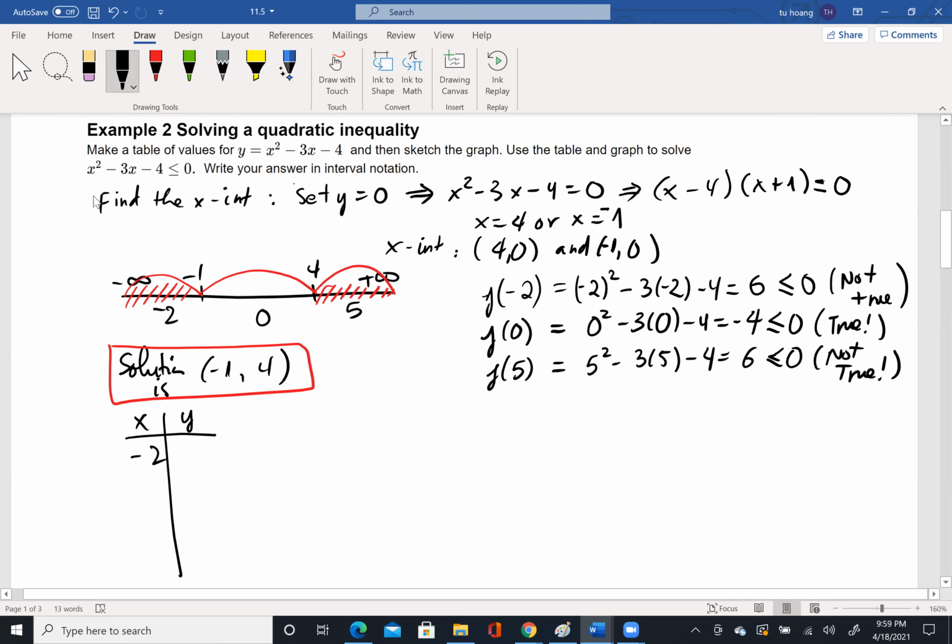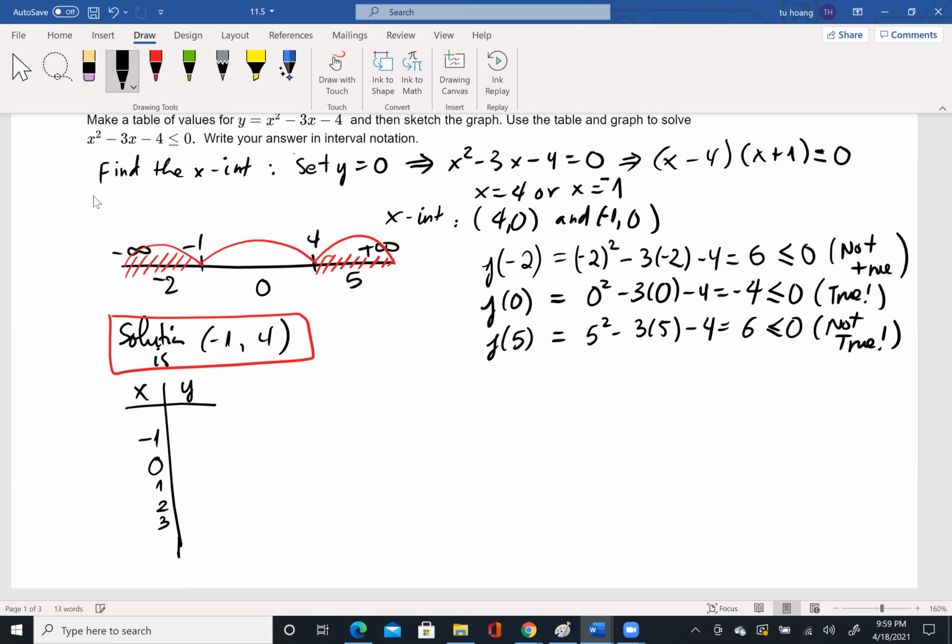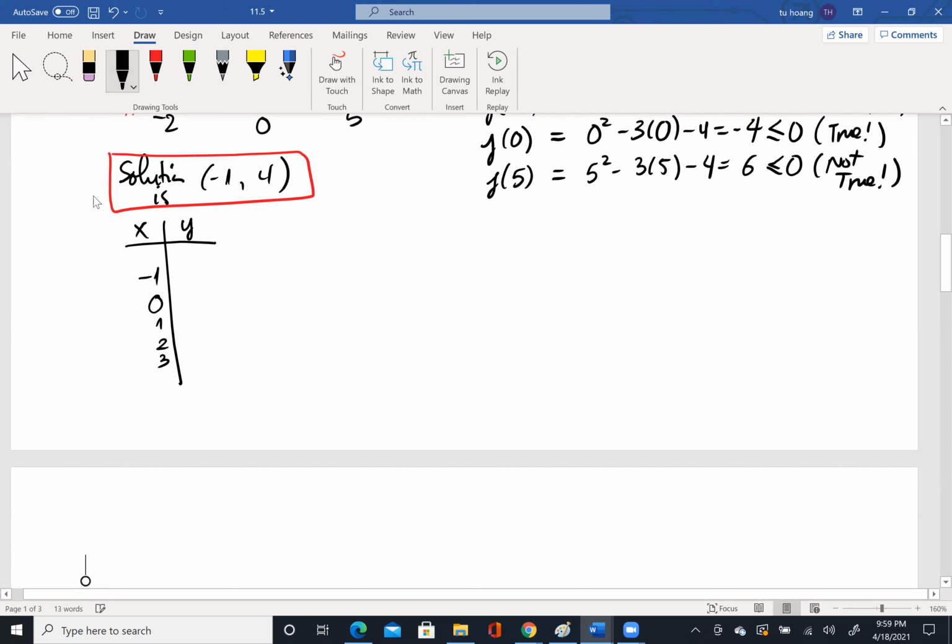We know that at -1 and 4 the value will be 0. Then 0, 1, 2, 3, and 4.